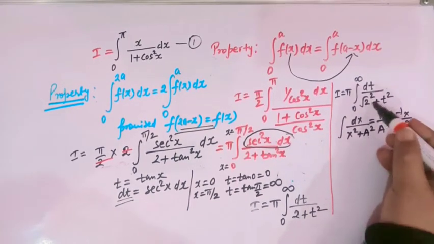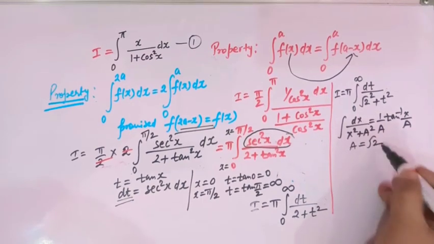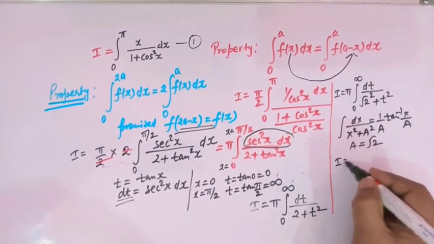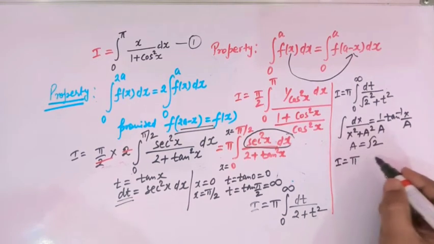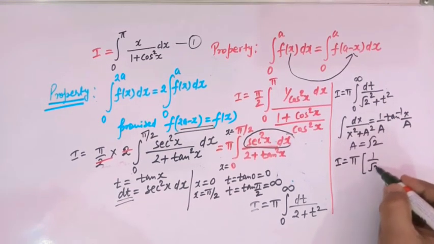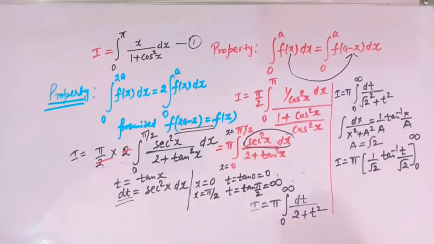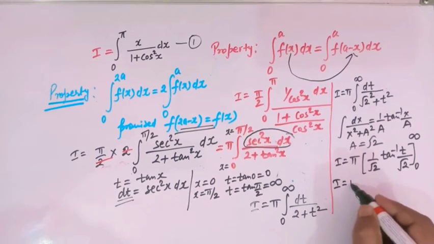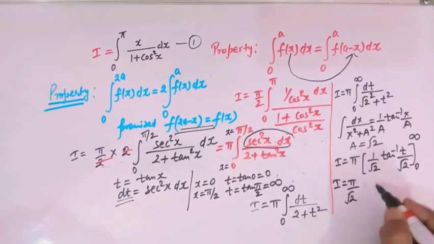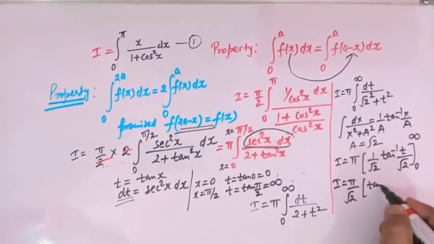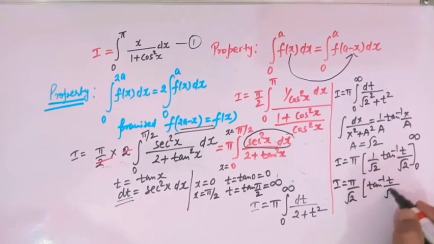So here this a is equal to square root of 2. So I is equal to pi, and we have 1 over square root of 2 tan inverse t over square root of 2, and the limits are from 0 to infinity.